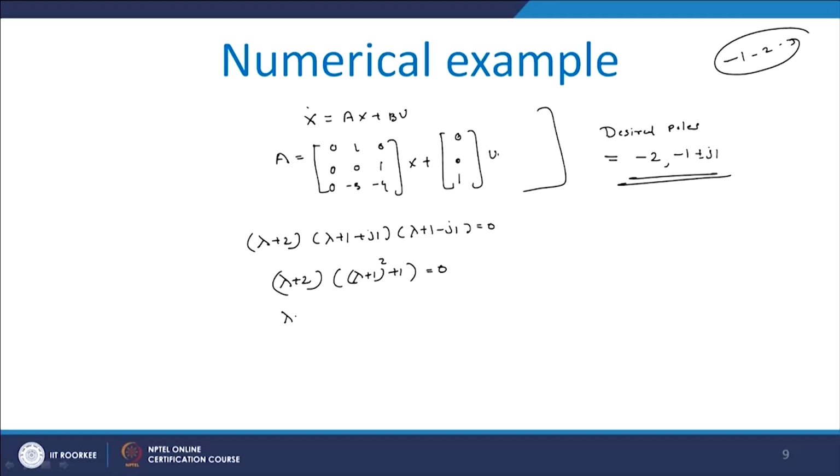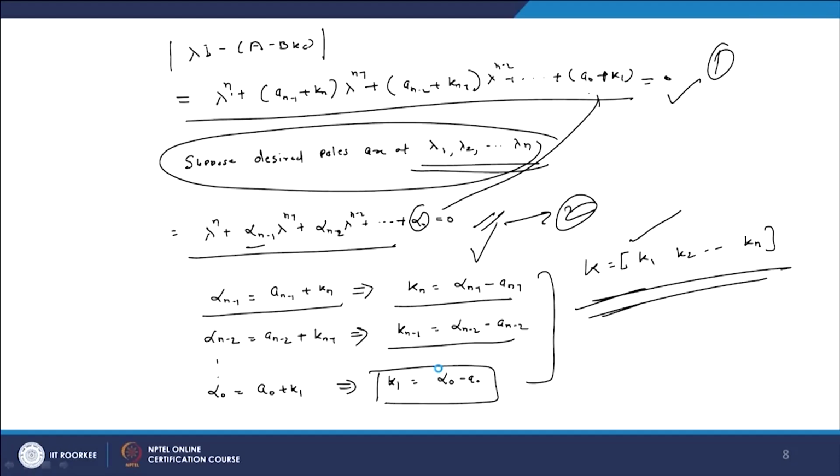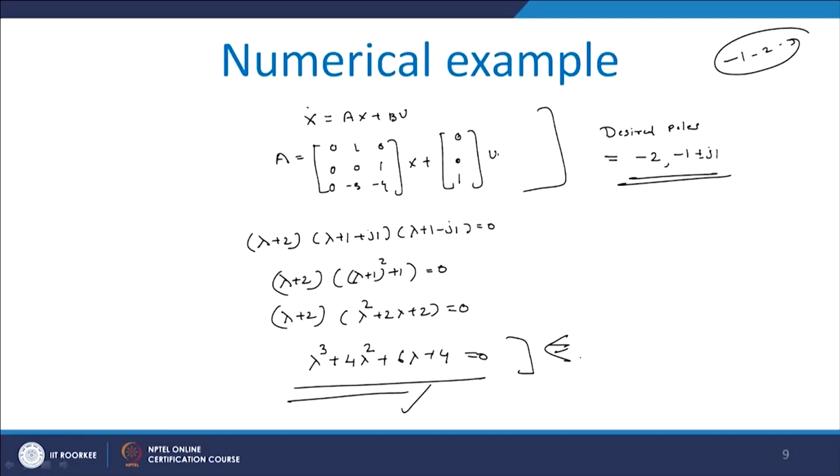Now if you solve it, (lambda plus 2)(lambda square plus 2 lambda plus 2) equal to 0, and after solving it we will get lambda cube plus 4 lambda square plus 6 lambda plus 4 equal to 0. Now this is my desired characteristic equation. This is similar to our equation lambda raised to n plus ... plus alpha 0. So this equation we have got here.